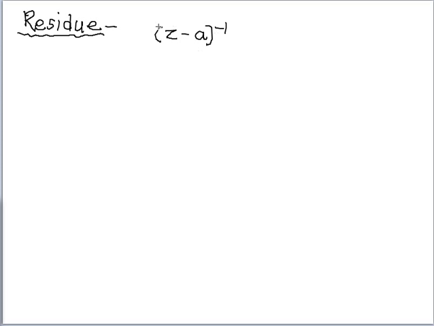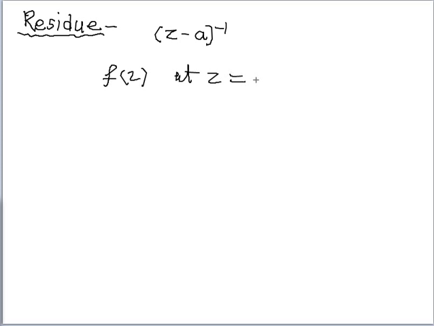Or I repeat: the coefficient of (z minus a) inverse in the expression of an analytic function f(z) around an isolated singularity is called the residue of f(z) at z equal to a.